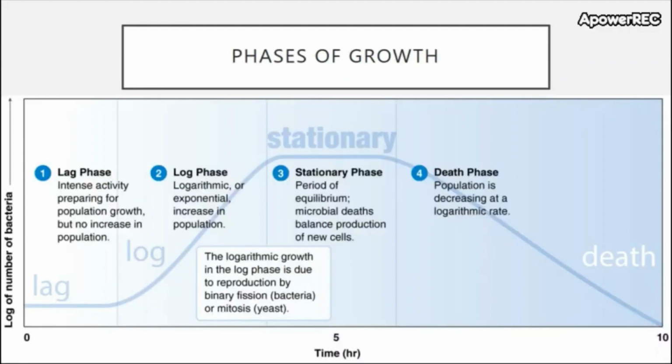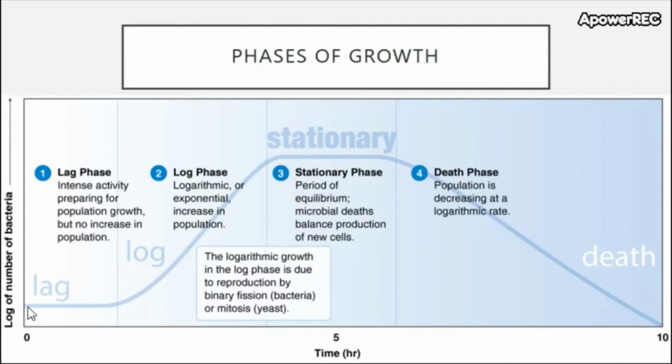And let's take a look at those different phases of growth. So here we have 4 different phases of growth. I want you to imagine we have a sterile tube. We've made fresh media in it. It has all of the nutrients required for maybe a culture of E. coli to grow.